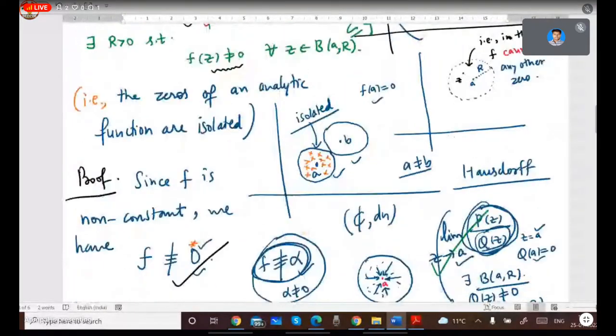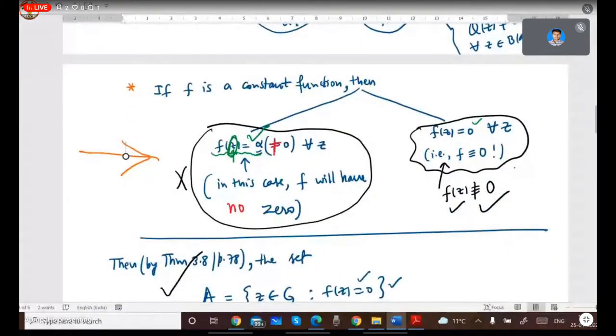It means if the function is constant, then it can't be a constant function of this type where alpha is non-zero. It has to be of this type, because only then can you fit in the condition that the value at a is given to be zero. That is number one. Is this okay?